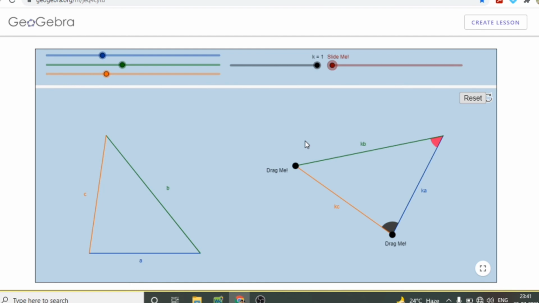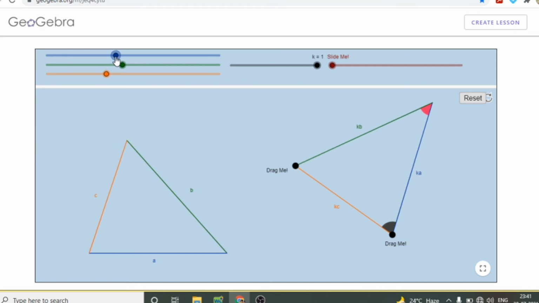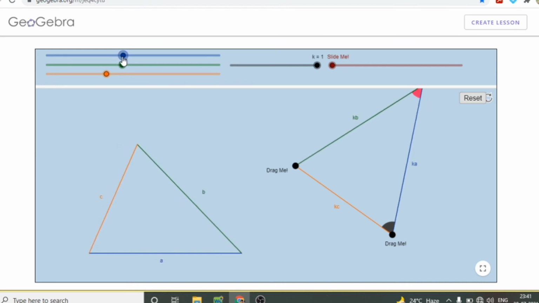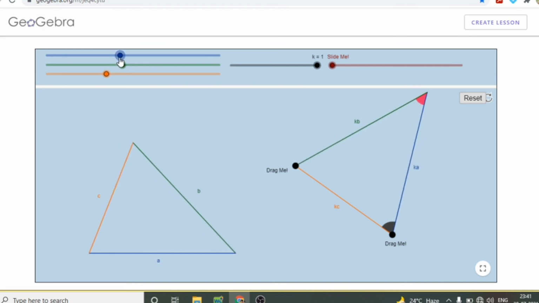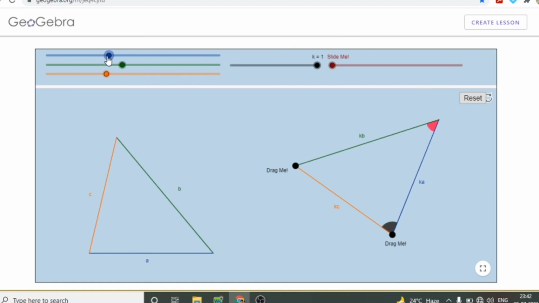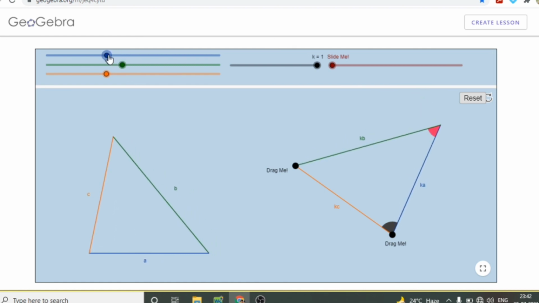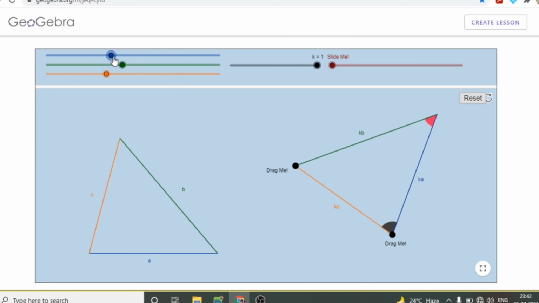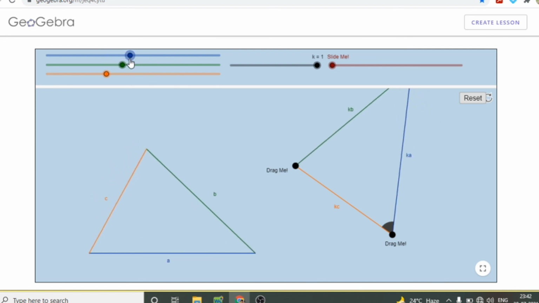So here we have two triangles, and if we change the length of any side of one triangle, you can see how the sides of the other triangle are changing. When just one side is changing, the length of the rest of the two sides also changes.